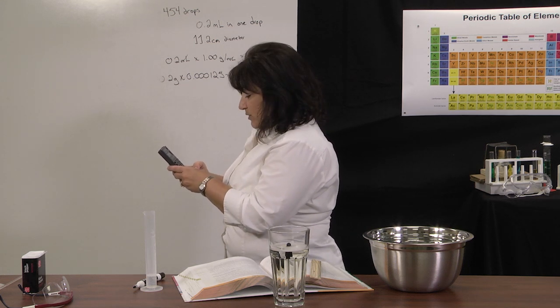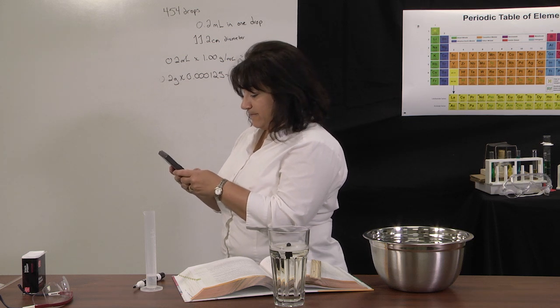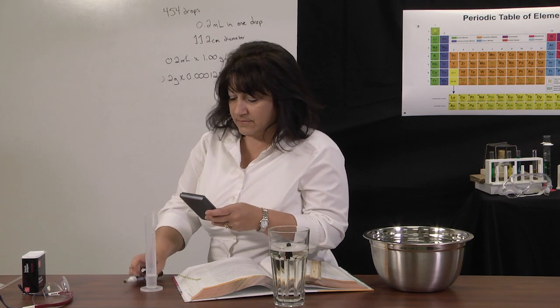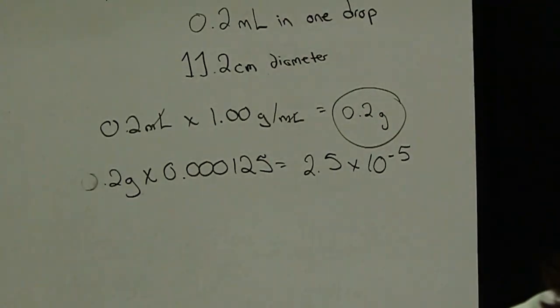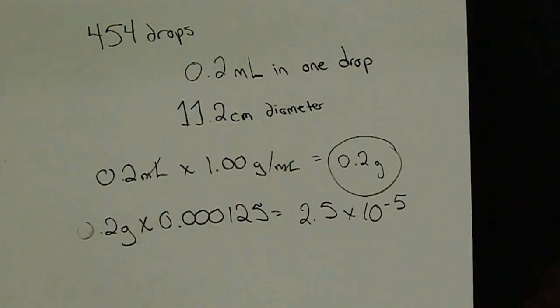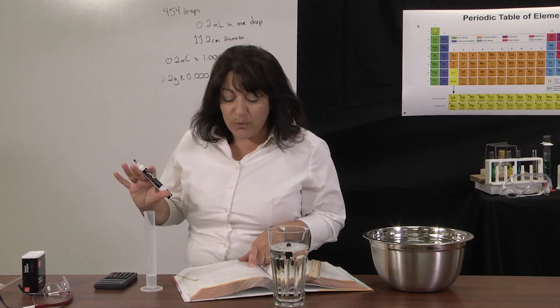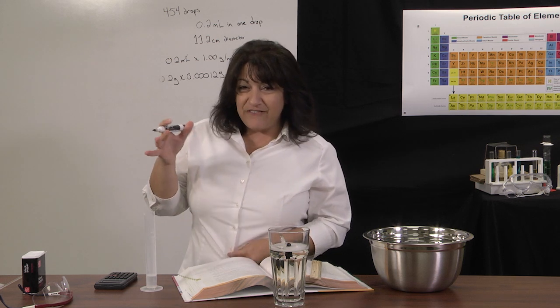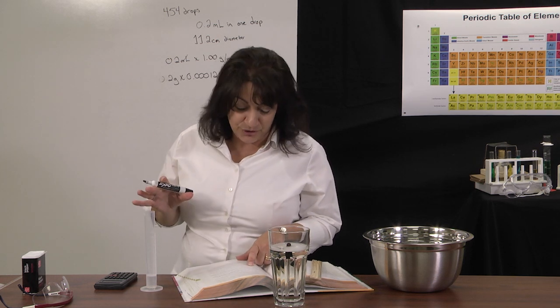And so I have 0.2 times 0.000125. And I get 2.5 times 10 to the negative 5 as my answer. Okay, and that's approximately what we should be looking for, somewhere in that value, maybe a little bit even smaller than that. And if you get a number a little bit smaller than that, you're still doing good.